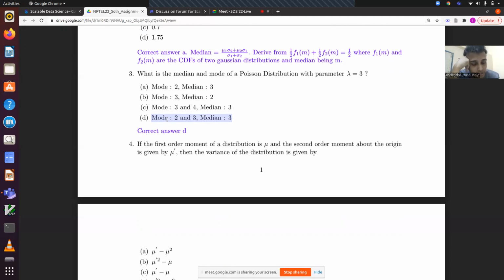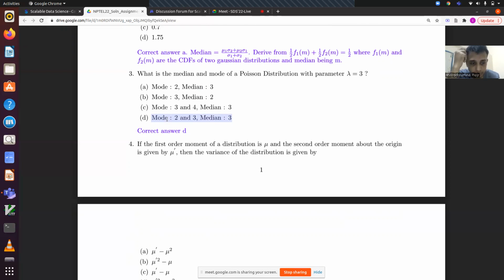For x equals 1, you will get lambda times e to the power minus lambda. So for this specific distribution, lambda is 3. For x equals 0, you will get e to the power minus 3.